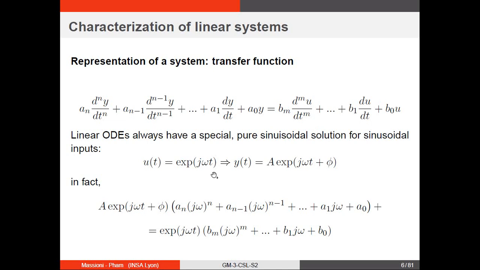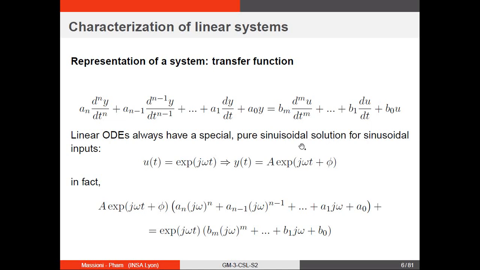If you remember Euler's formula, then you know that the complex exponential yields a real and imaginary part, which are both sinusoidal, cosine and sine. If you are shocked by the use of complex numbers, just think you take only the real part of this one. Doesn't make any difference. So basically what I said is that if u is a complex exponential, which means a sine wave, then y will also be a sine wave.